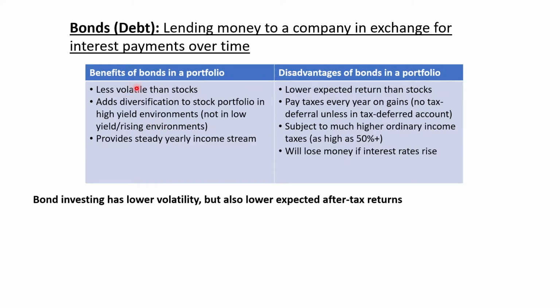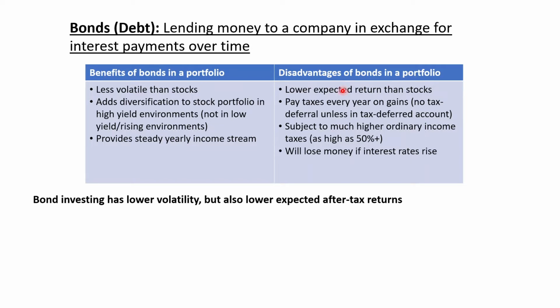The other advantage of bonds in a portfolio is that it provides a steady yearly income stream. You're getting a steady coupon payment and cash coming in. You're not investing purely for the long term. You're getting yield essentially.